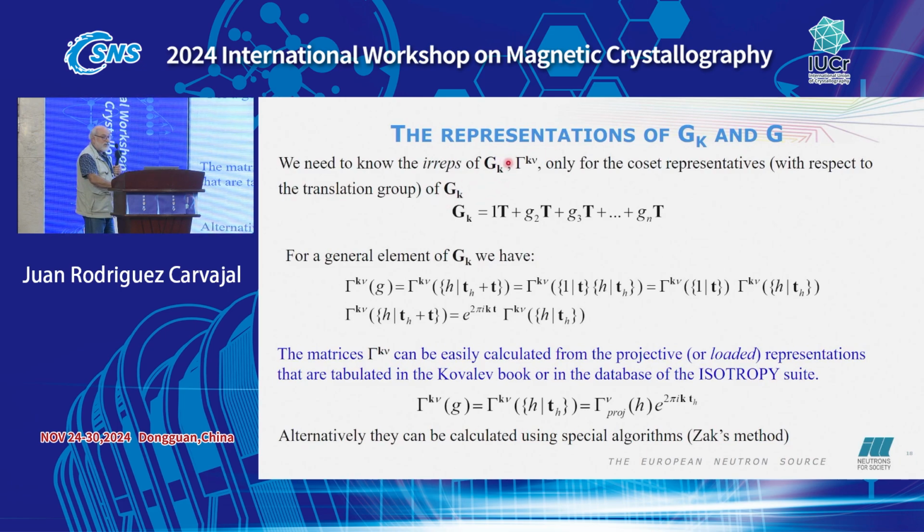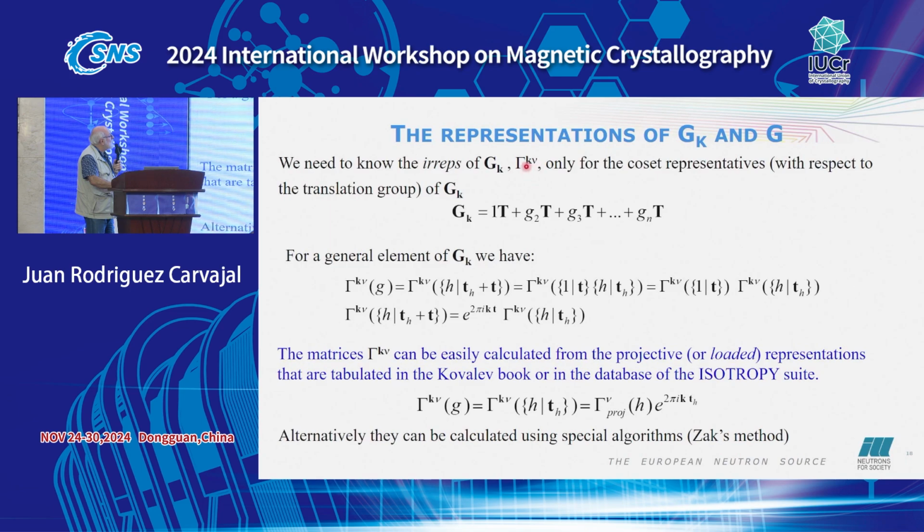Then for studying the general representation of space groups, we need to know the representation of this smaller group, which is the group of the propagation vector. Then we want to construct these matrices that are irreducible representations of the group of the propagation vector.